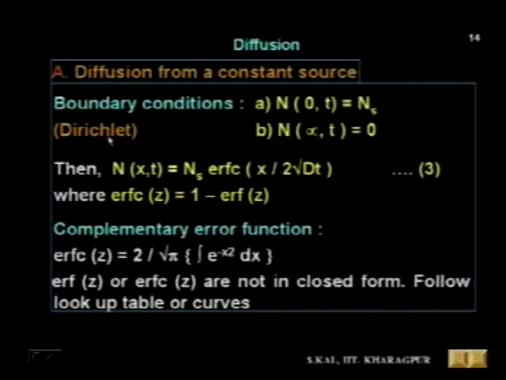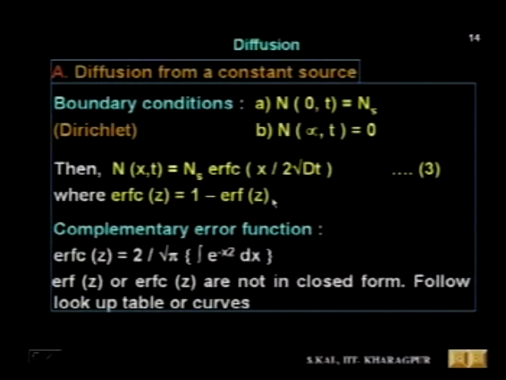Using the initial condition and boundary conditions, these two boundary conditions are known as Dirichlet conditions. If you solve this second order differential equation, then its solution is given by N(x,t) equal to Ns erfc(x by 2 root Dt). erfc is the complementary error function, and the complementary error function is given by 1 minus erf z. erfc z equal to 1 minus erf z, where erf z is the error function.